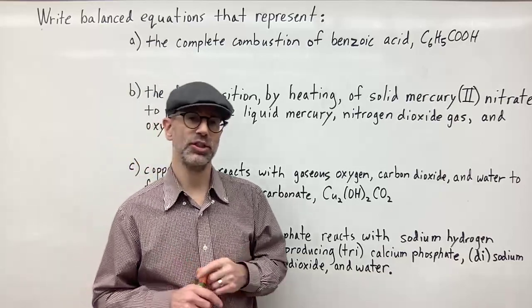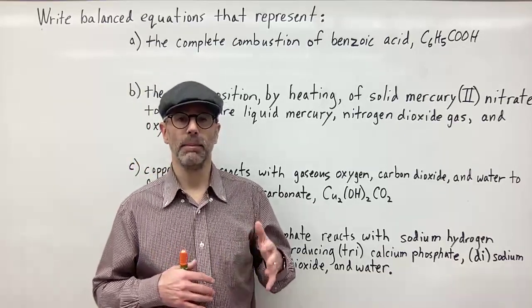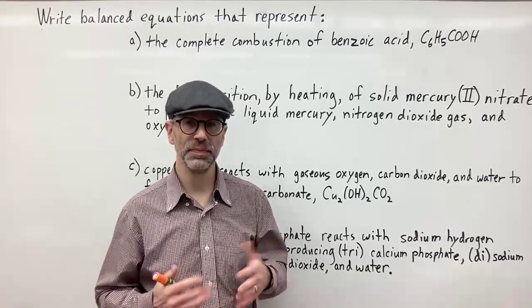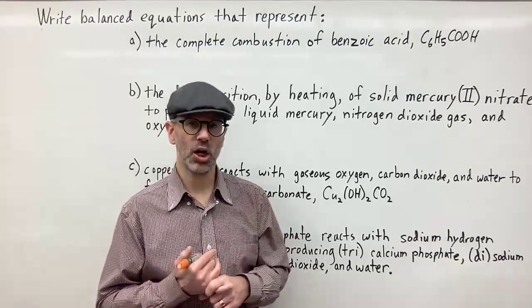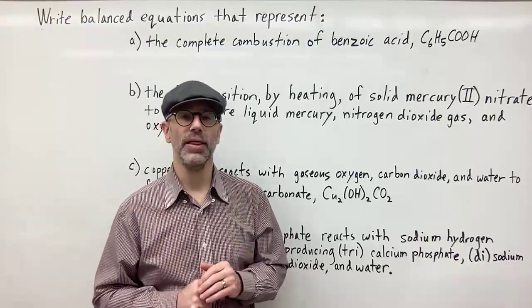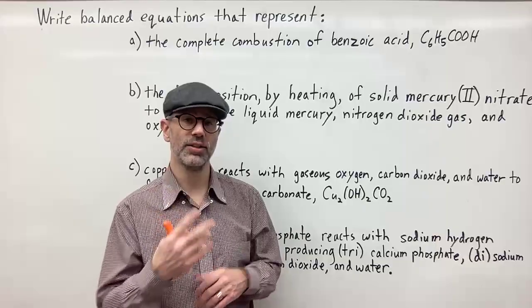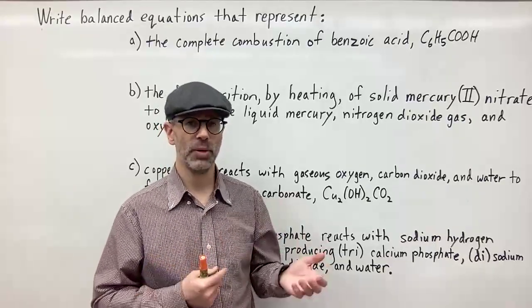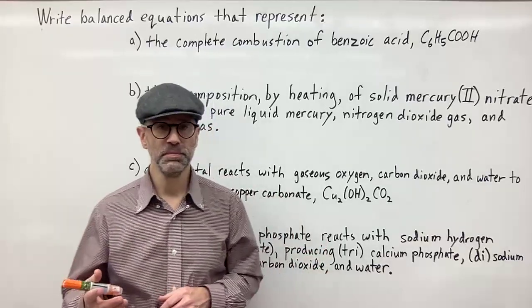Complete combustion is when you combust something in the presence of oxygen. If it is a hydrocarbon made up of carbon and hydrogen, and possibly oxygen, then you know that the only two products formed from complete combustion are carbon dioxide and water.